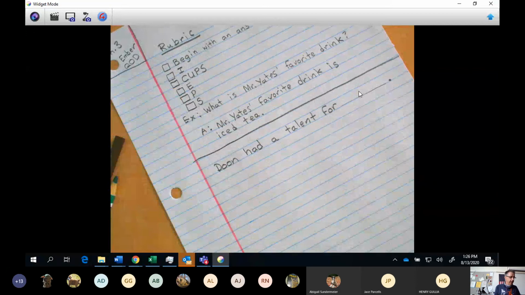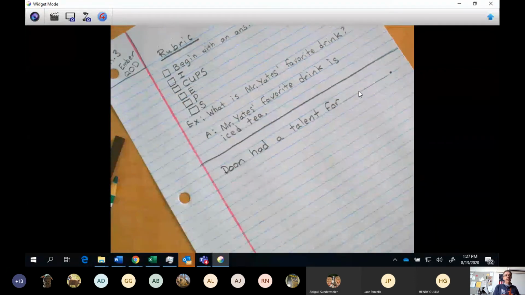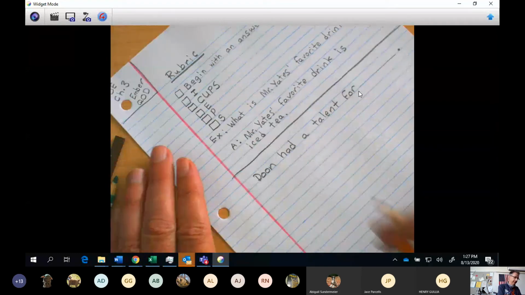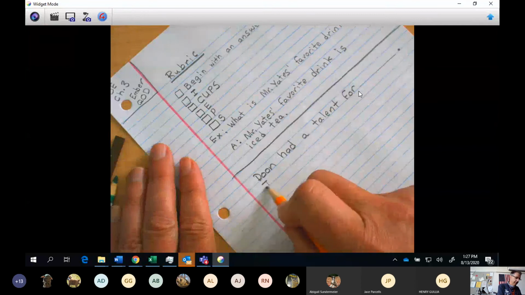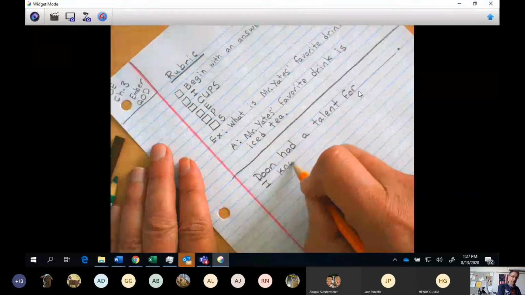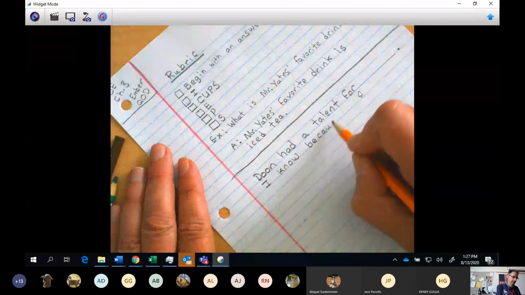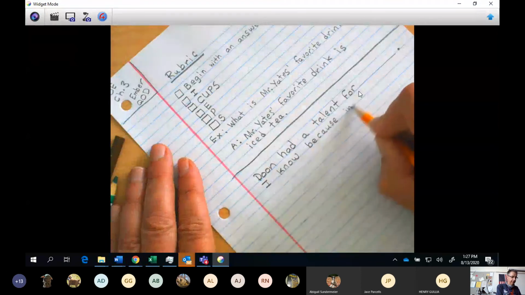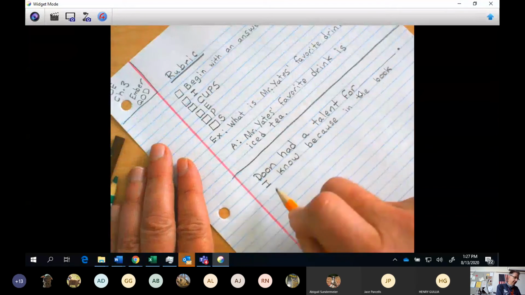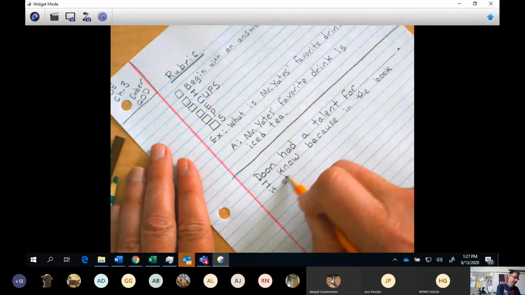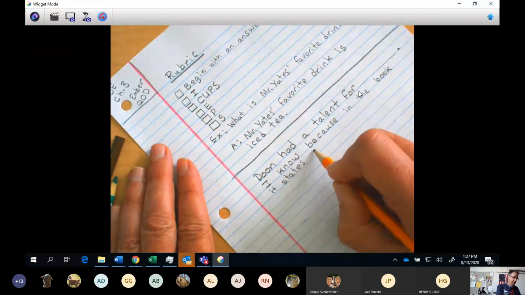The second sentence is basically, I know because in the book it states that. So write this here.